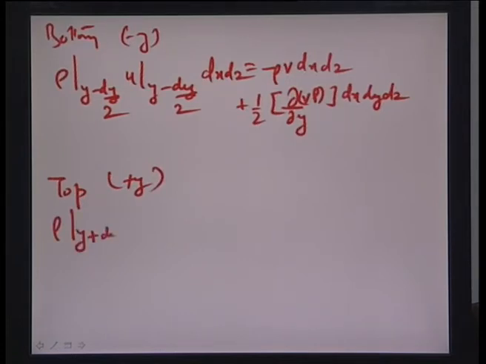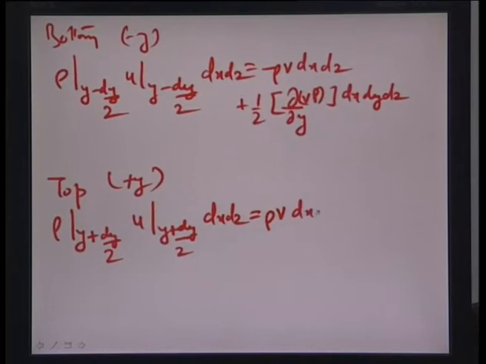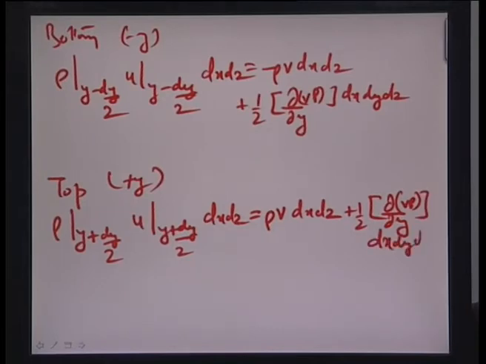Okay. For the top surface pointing towards the plus y direction, this would come out to be rho at y plus dy by 2 times v at y plus dy by 2 times dx dz, and this if simplified would come out to be rho v dx dz plus half the differential with respect to y of v rho times dx dy dz. Okay.